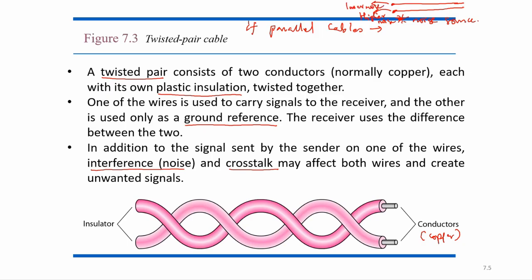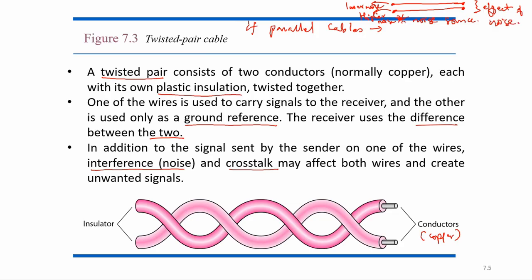So at the receiver side, this wire will have a higher noise effect and this will have a lower noise effect. The difference between the two cables is considered as the signal. So once we take the difference, higher noise minus lower noise, overall there will be an effect of noise.